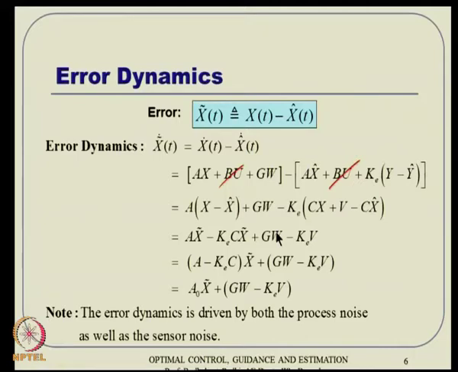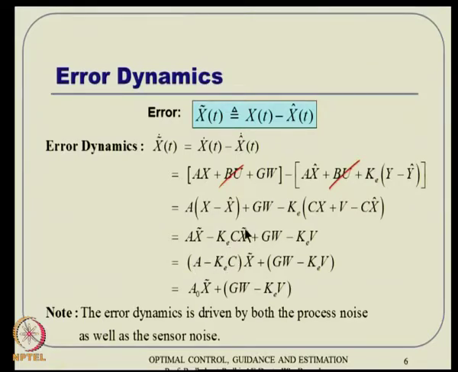Then you have got these two terms, and you can combine x minus x hat as x tilde. So, you have got A x tilde coming from here, Gw minus KeV goes there, and whatever remains, Ke times C into x minus x hat, which is x tilde, comes here.